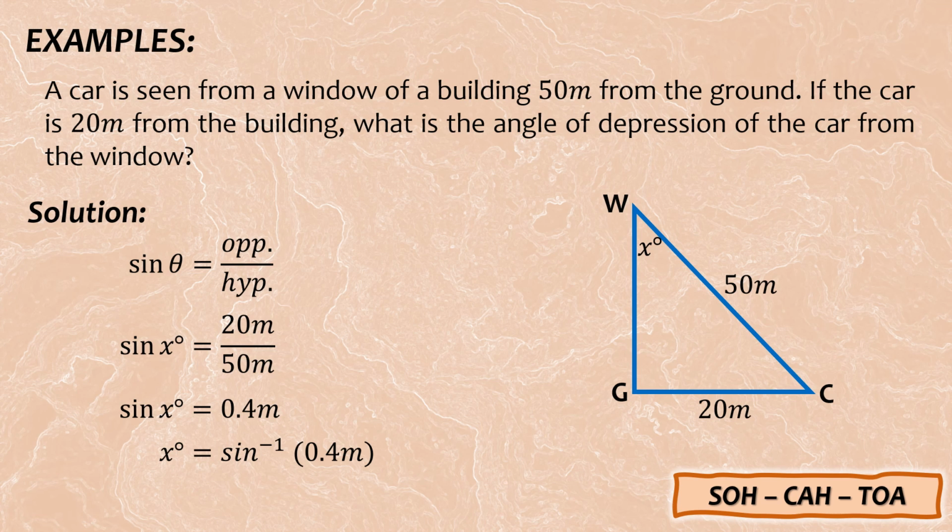So, in your scientific calculator, press shift, or press the second function, and then press SIN, and then type 0.4. Therefore, the angle of depression is 23.58 degrees or 24 degrees.